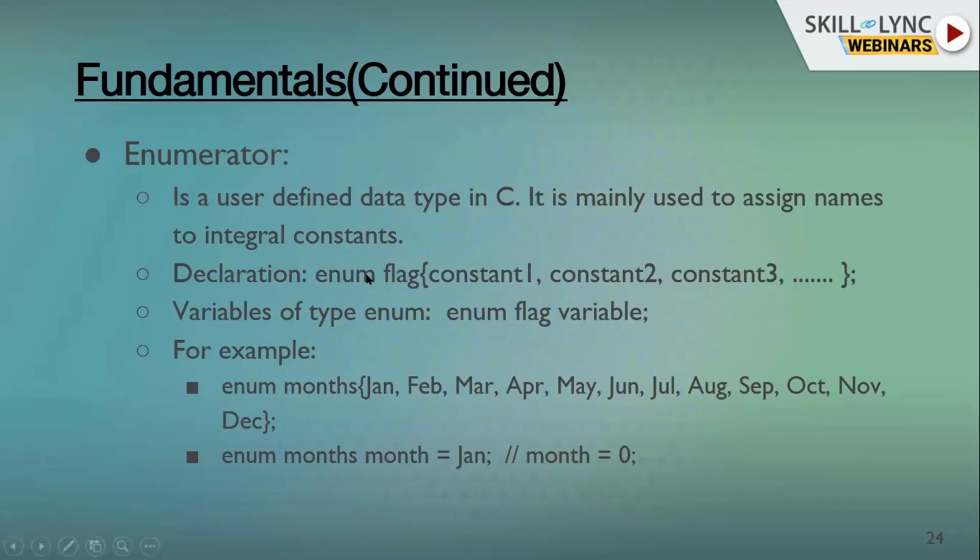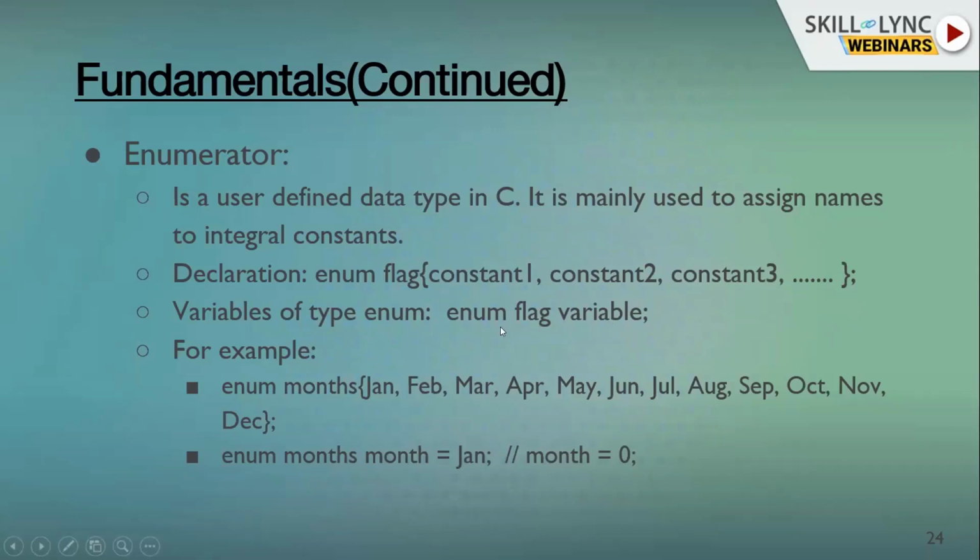If you want to declare an enum, you use the enum keyword and a name, similar to a structure, and then give all the names. Constant 1, constant 2, and so on, starting from 0, 1, 2, 3 like that. So instead of writing 0, 1, 2, 3, I am assigning names, and those names are recognized by this enum.